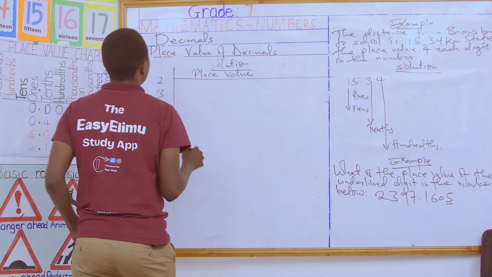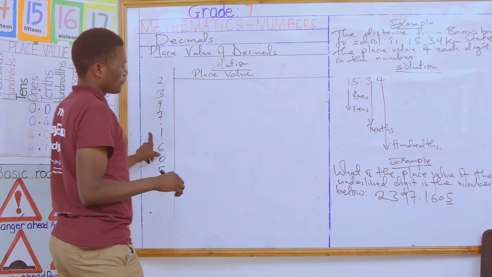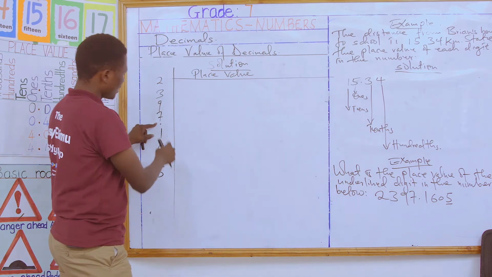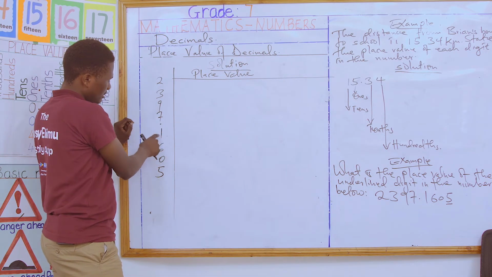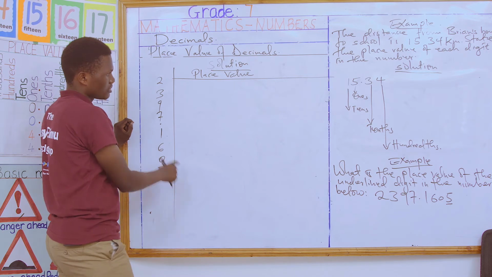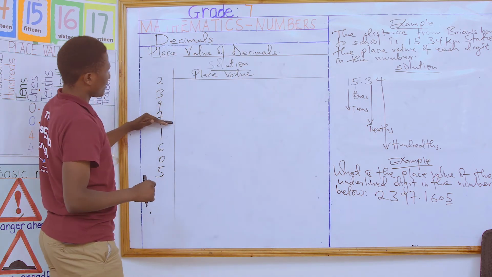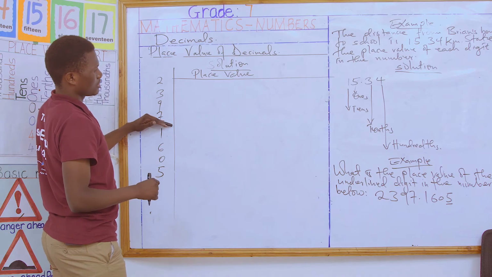So the place value of this digit: remember the digit immediately after the decimal point, we say that its place value is tenths. Then this is our number before the decimal point.